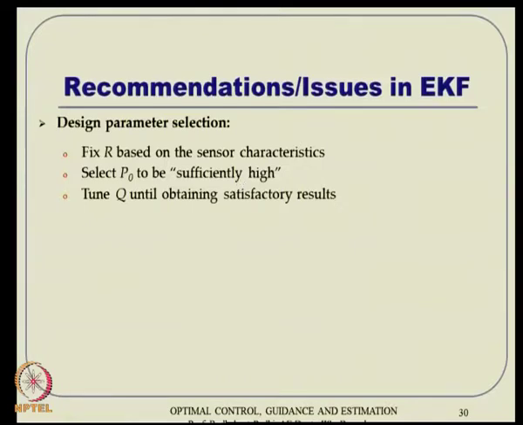So, after you fix R based on the sensor characteristics and select P naught to be high, what remains is Q. Then you have to vary this Q up and down, in other words tune Q, until obtaining sufficiently satisfactory results. That is a kind of universal recommendation for implementation of EKF.